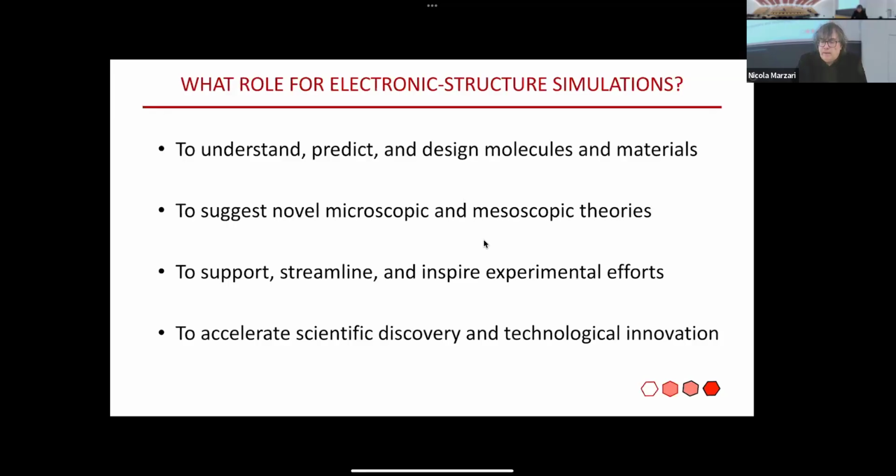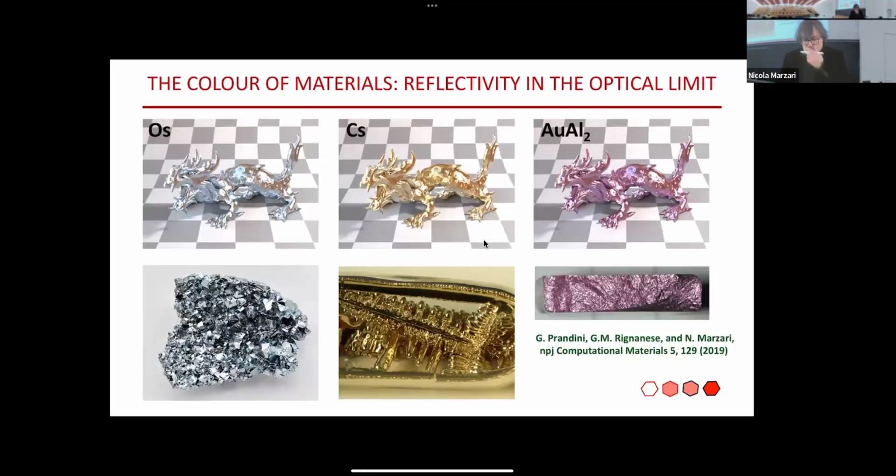Some of these go from, say, Berry phase theory for the polarization and magnetization of solids to ideas in transport theories like the Wigner transport equation. Very relevant for this audience is that we use them to support, streamline, and inspire experimental efforts. And you'll see one example. These days, they can actually push the entire process of discovery and innovation.